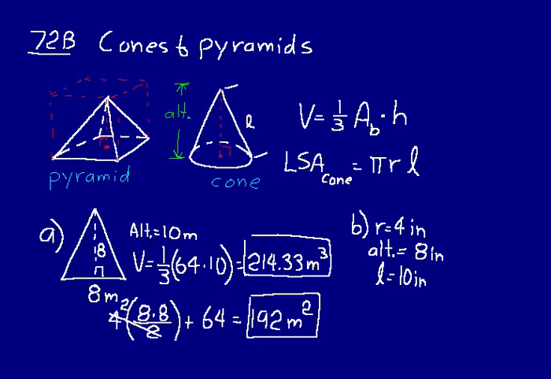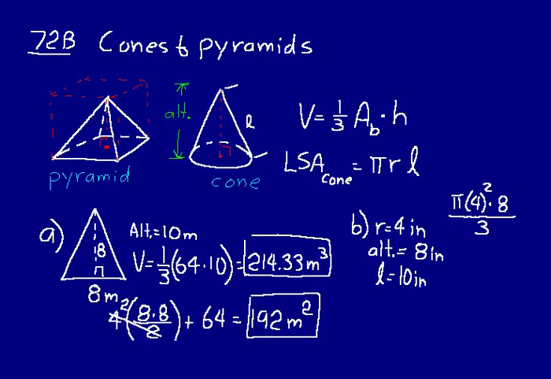Let's figure out the volume first. That's the area of the base times its height, or in this case, that's the same thing as altitude, since it's a right cone. So the area of the base, that would be pi times 4 squared times its height of 8 inches. And then all of that times 1/3, or we could just say divided by 3 as well.